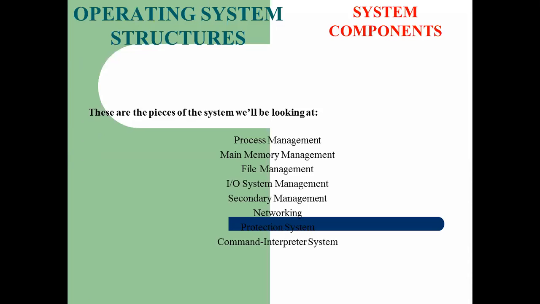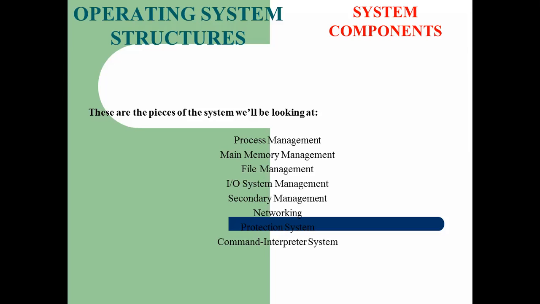So in the operating system, there are various system components. Point number one, these are the pieces of the system we will be looking at. We have already discussed such system components: process management, main memory management, file management, and IO system management. These are the very important managements which will be controlled by the operating system.